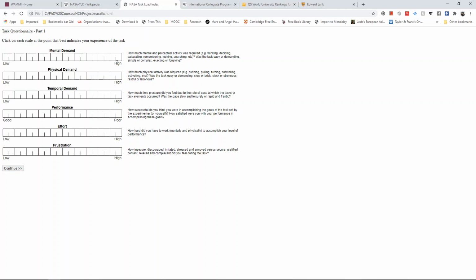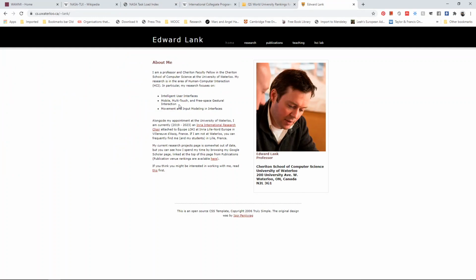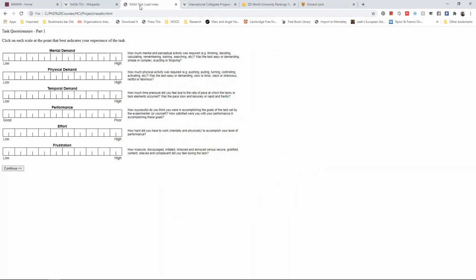So you have 20 grades. Mental demand, this is the task questionnaire part one. How much? So when you were going through that website, finding the university, the professor, research area, now we want to measure from your perspective, the user's perspective, how mentally demanding was this task.